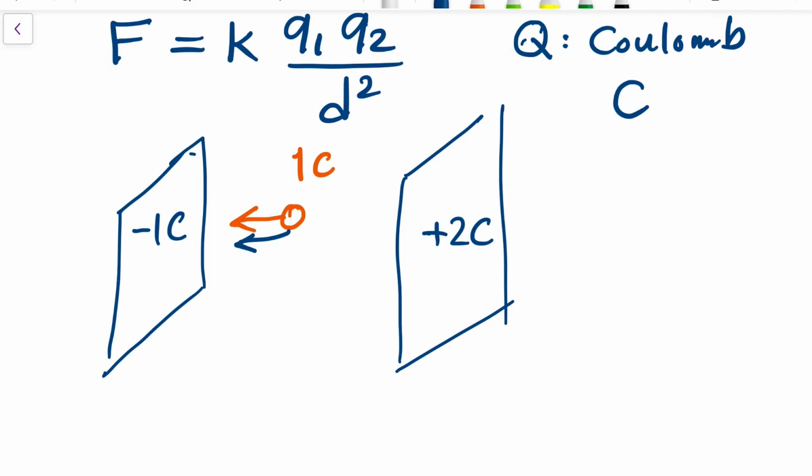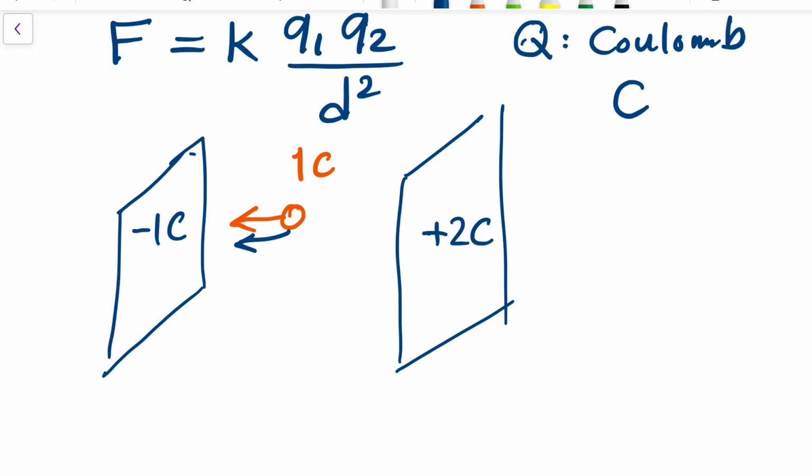The direction of force comes from the Coulomb law, because in this equation I have two quantities Q1 and Q2. So if one of them is negative and the other one is positive, the total becomes negative, and vice versa. So between -1 and +1, one of them is negative and the other one is positive, so the sign of the force is negative.